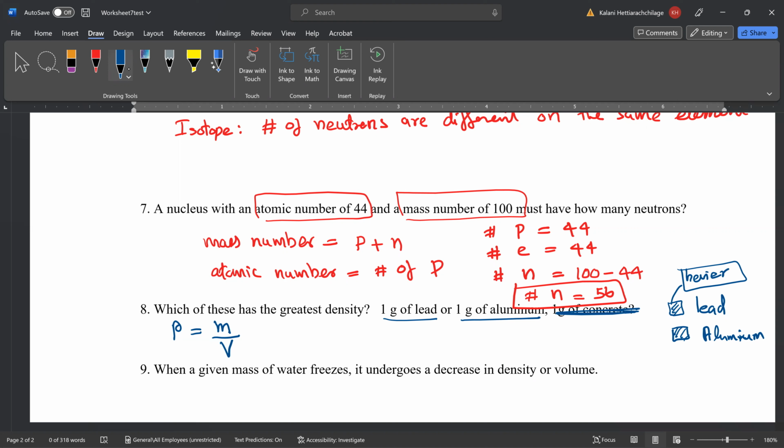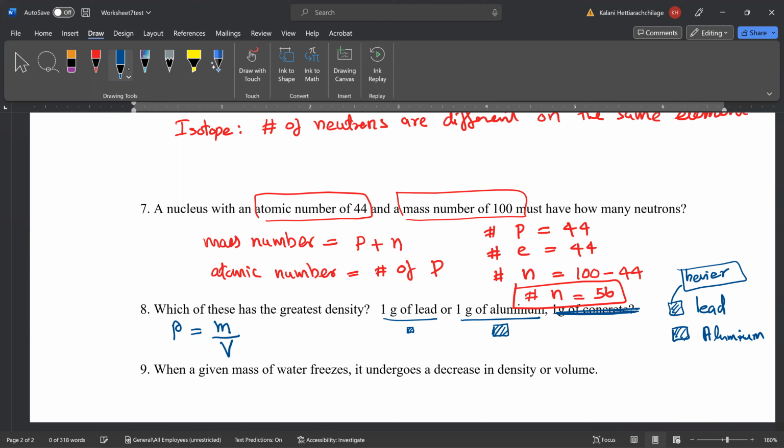So now, the information here is both have 1 gram, but the volume of 1 gram of lead should be smaller than the volume of the aluminium, because you take the heavier object but you select 1 gram. Then you have 1 gram maybe this size for the lead, but aluminium 1 gram maybe this size.